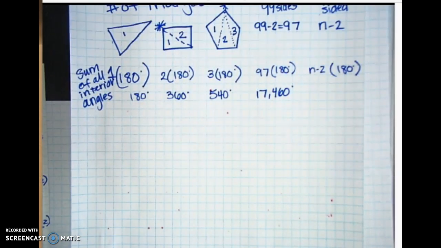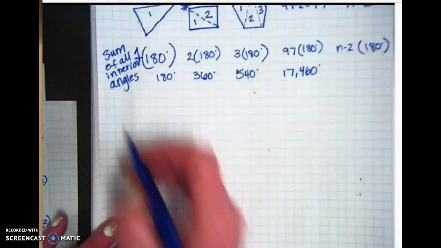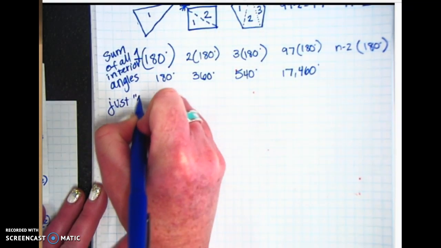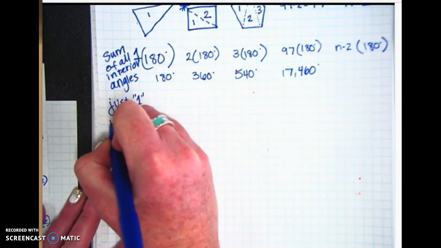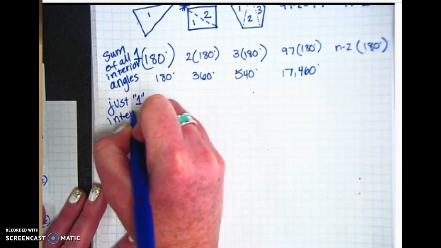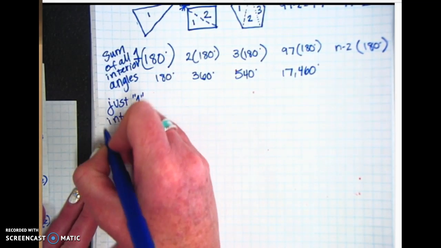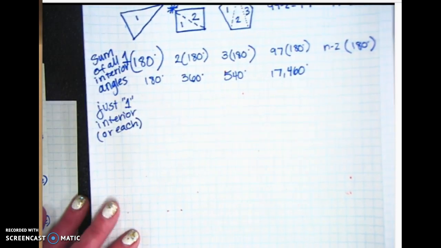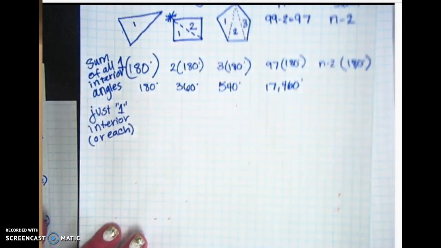Now that you know the total number of degrees within a polygon, could you get just one interior angle? Or sometimes you'll hear it worded as each. Okay?